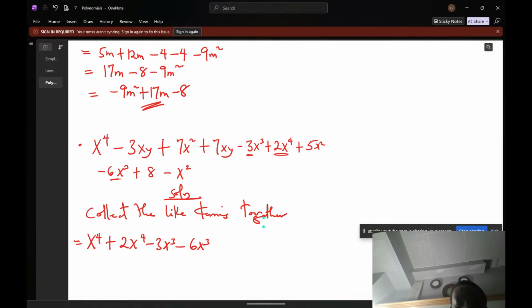So now let's go to x squared. This one too has been collected. So let's go: plus 7x squared, plus 7x squared, plus 5x squared, minus x squared. Okay. Now let's go to xy.